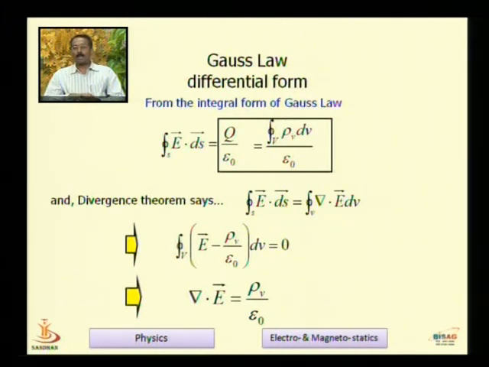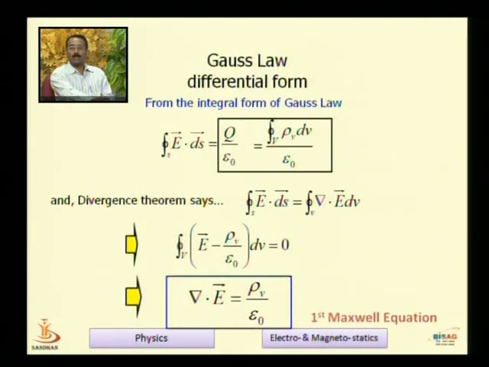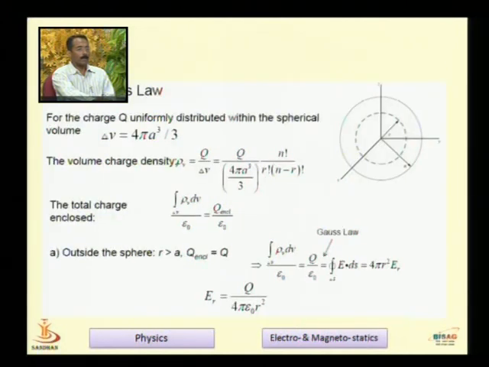And the first equation, let me tell you, is called integral form, and the last one is differential form. And this is nothing but the first Maxwell equation. Okay, so this is also called the first Maxwell equation.